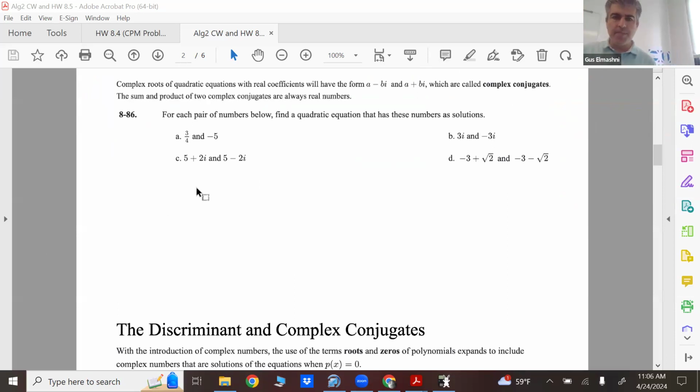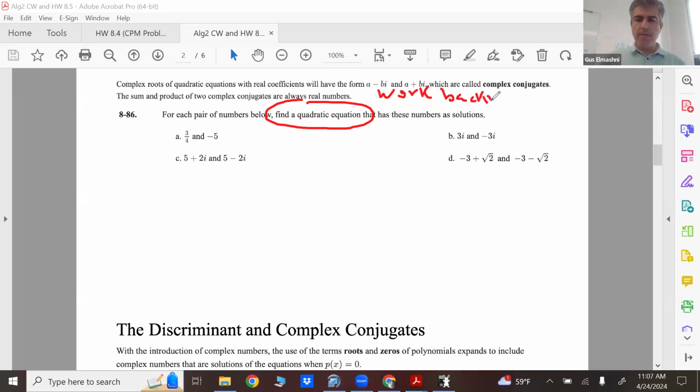So for these problems here, how do I handle this? You're asked to find a quadratic equation that satisfies each of these solutions. Here's what I'm going to do. We're going to work backwards. So 5i times 3i is that.